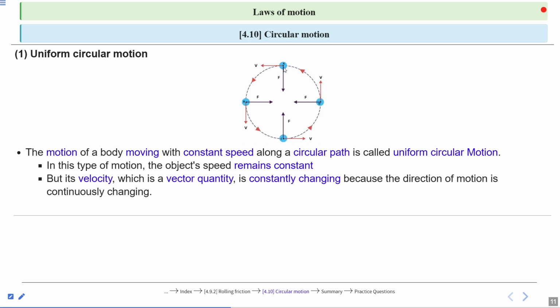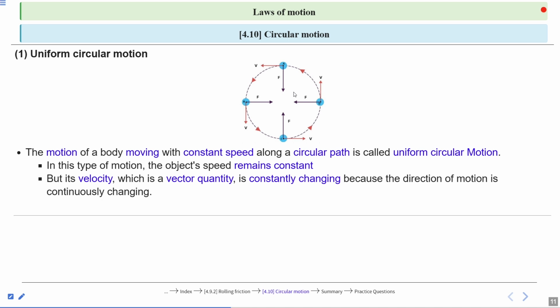At point A, the direction is this one. At point B, the direction is tangent at that point. At point C, the direction is tangent at point C. At point D, the direction is tangent at point D.